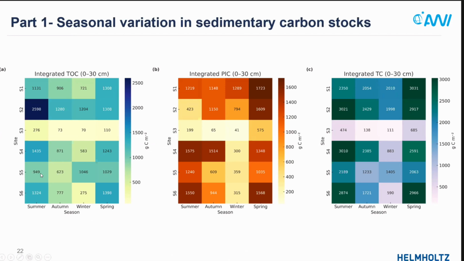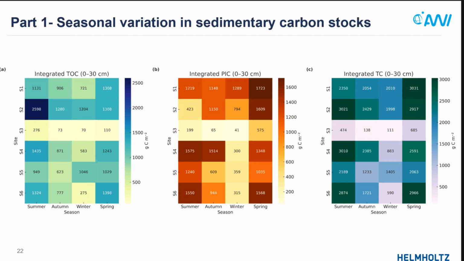So what is interesting is we see that mussel beds remain inorganic carbon dominated throughout the year, but they show strong organic carbon pulses during spring, which is because of increased feeding and biodeposition. Whereas the Pacific oyster reefs show organic carbon richness during summer and inorganic carbon richness during spring.